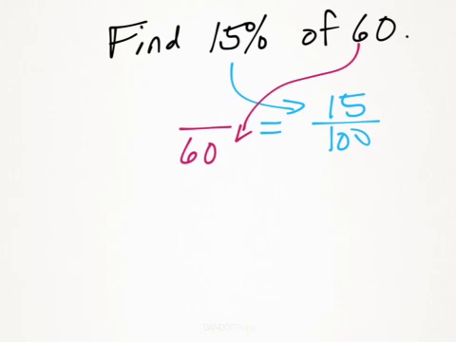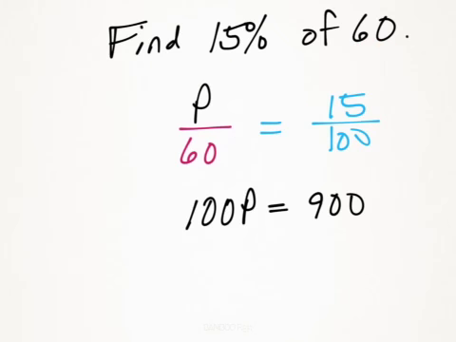Big P is, they got rid of the is here, 15% of 60. Because 60 comes after the of, it's going to be our base. I'm looking for the percentage here. Cross multiply. I get 100p. 60 times 15 gives me 900, so the percentage will be 9.